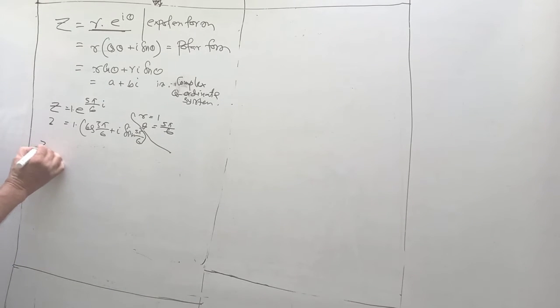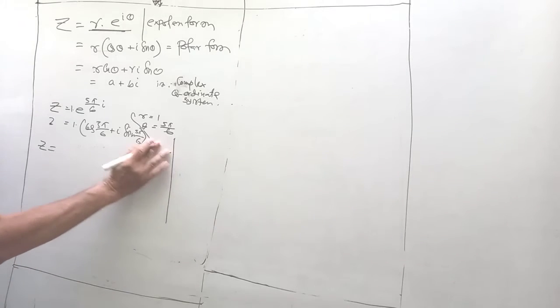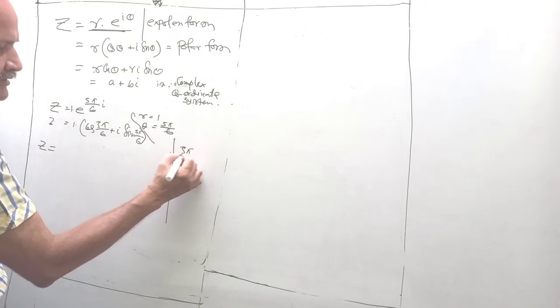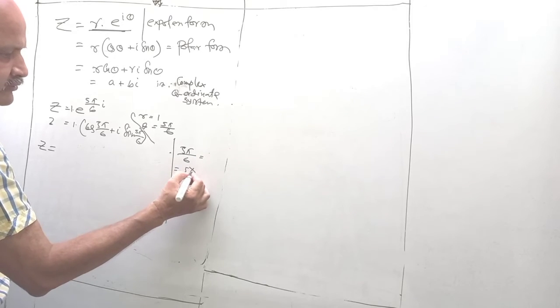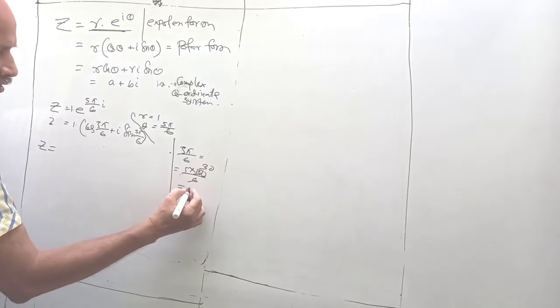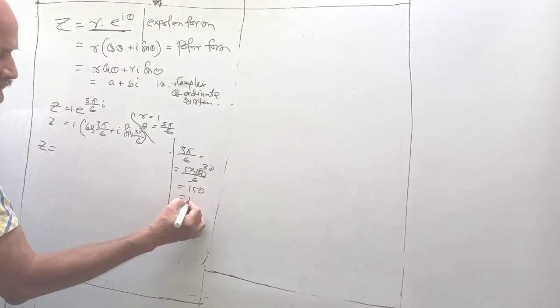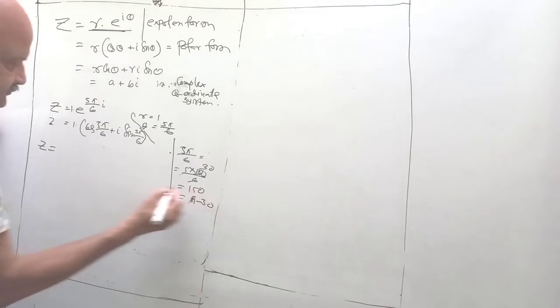Next you see z equal to, here 5 pi by 6 equal to 5 into 180 degree divided by 6, equal to 150 degree. That means pi minus 30 degree.